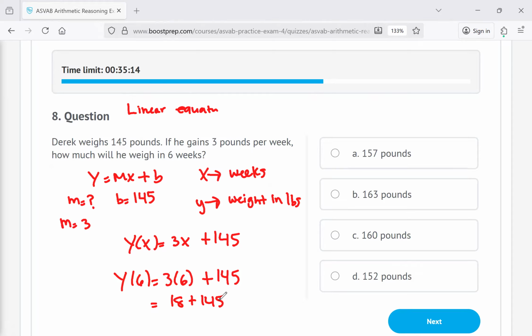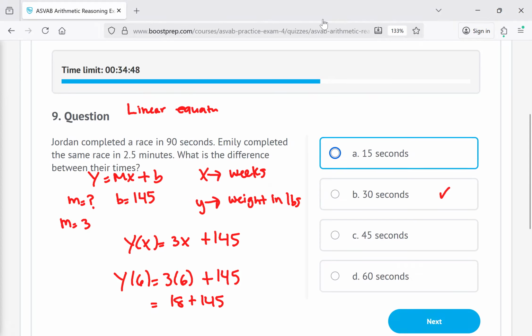I'm sorry, 145 plus 18 is 163. Okay, so you can definitely do this without a calculator. That's definitely doable. Okay, not too bad, right?